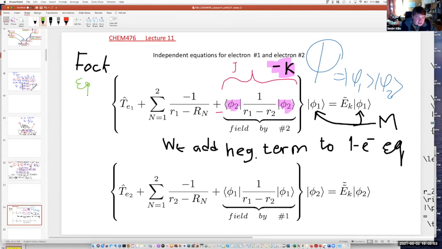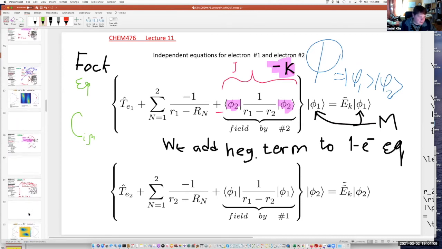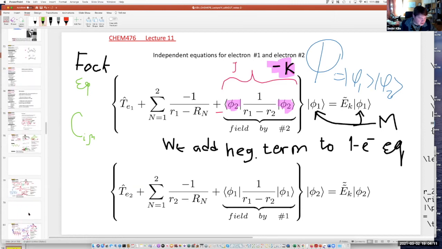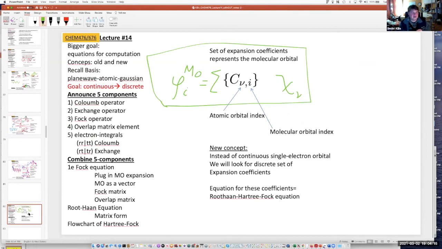And as a result of plugging in, we will find the set of expansion coefficients of molecular orbitals over atomic orbitals. I suggest we should finish at this spot.